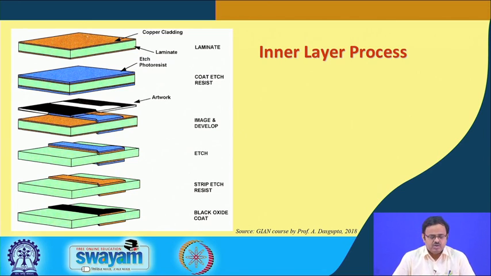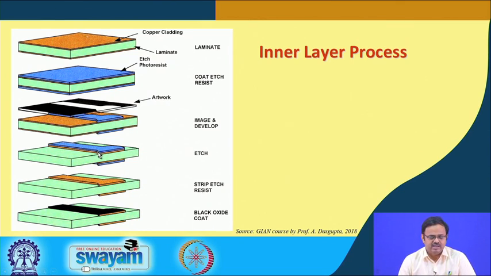So, once this mask is put, we go through the photolithography process, as a result of which we are only able to retain the photoresist at the place where we are going to have the wiring trace and remove the rest of it. And that is what we are showing here.